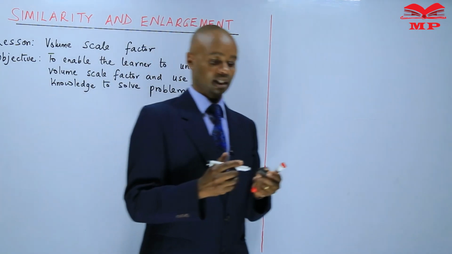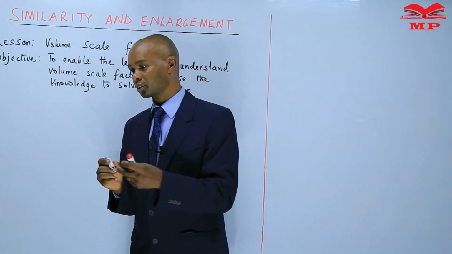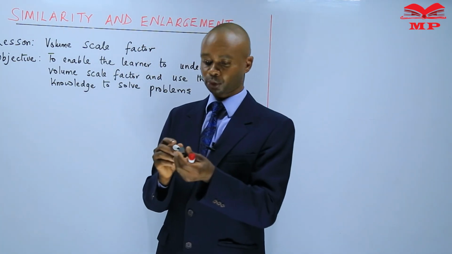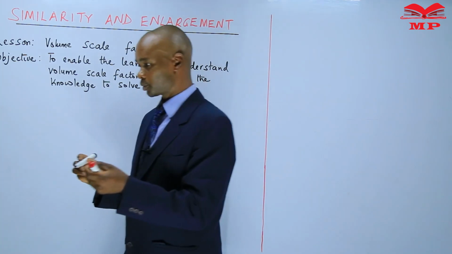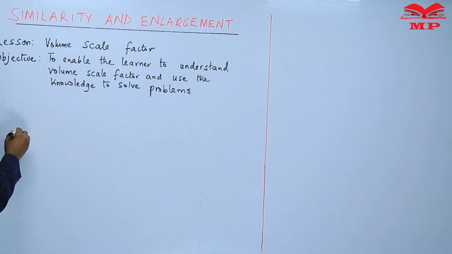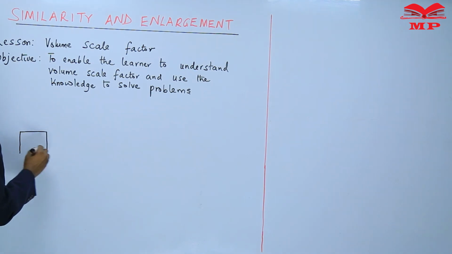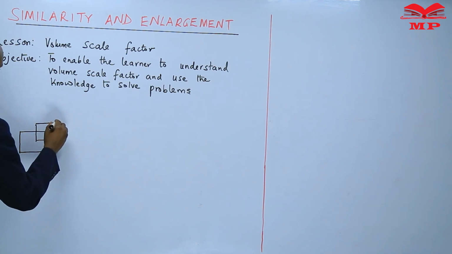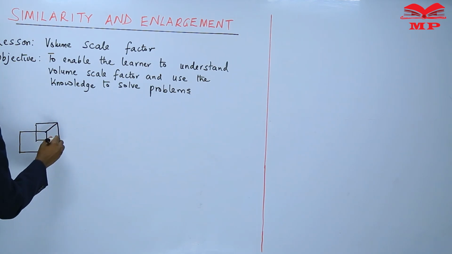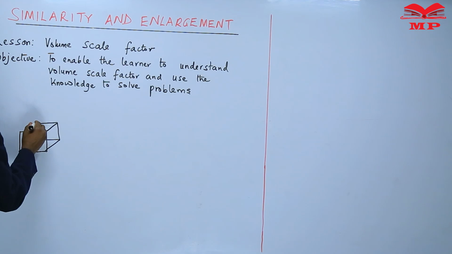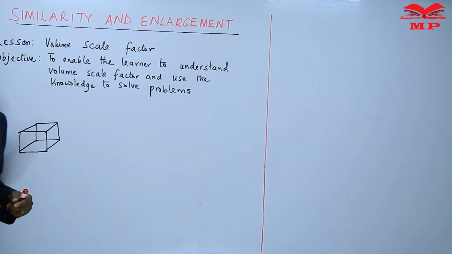To get a better understanding of this, we shall look at two similar cuboids, with dimensions 5, 2, 3.